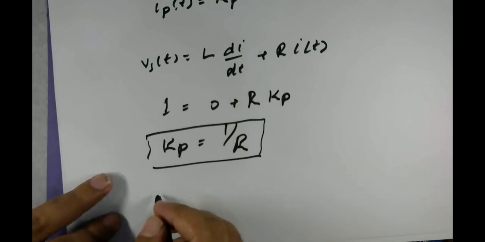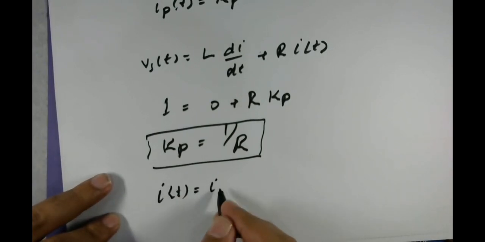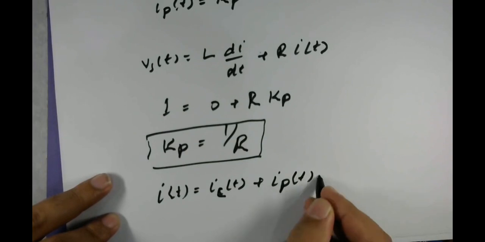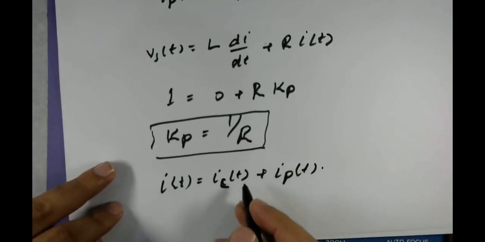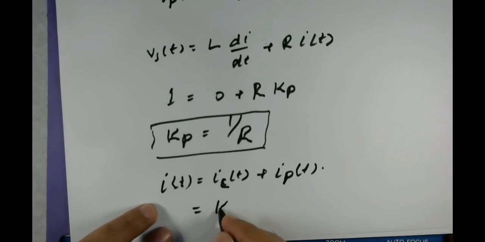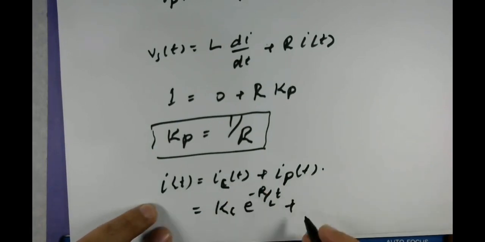Now what will be the final answer? This was i of t is equal to i_c of t plus i_p of t. Okay, so you already know what is i_c of t. i_c of t was K_c e raised to a power minus r by L times t, plus 1 by r.